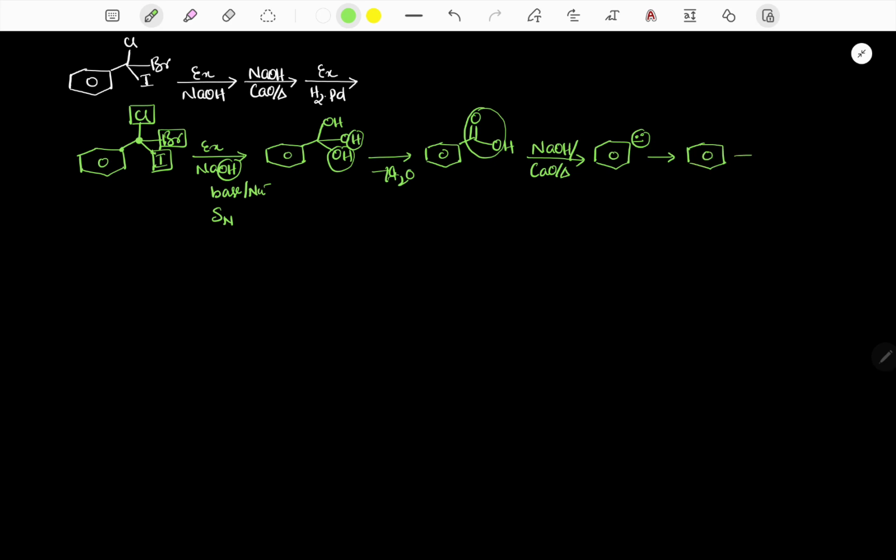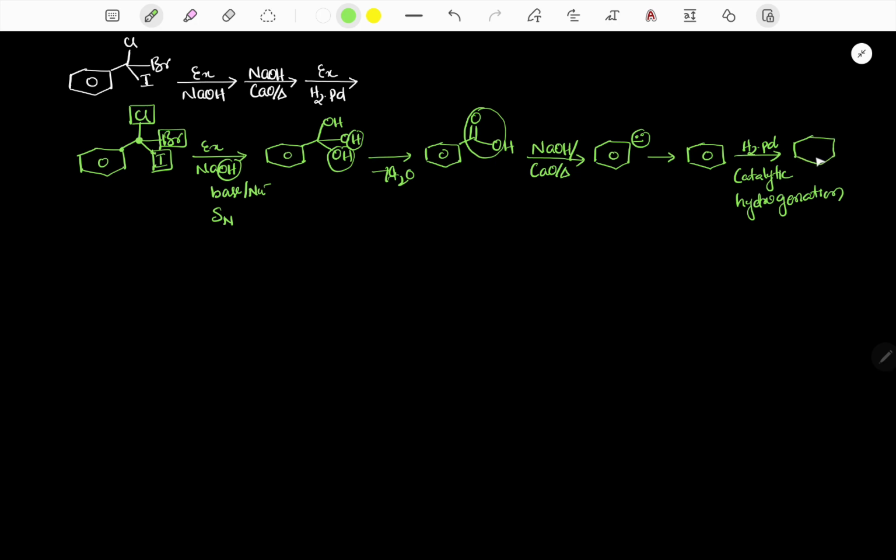Now this benzene is treated with H2/Pd, so it is a catalytic hydrogenation. No other functional group is present, that's why we have to take reduction for benzene.